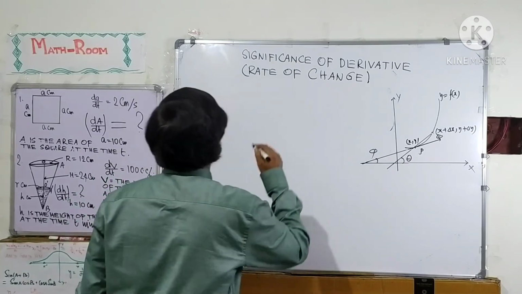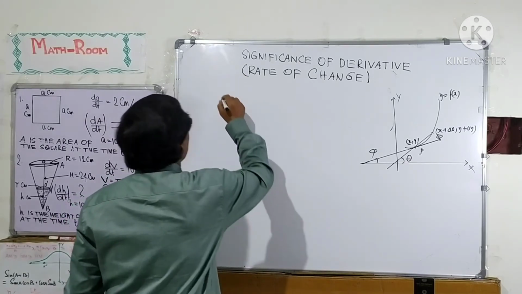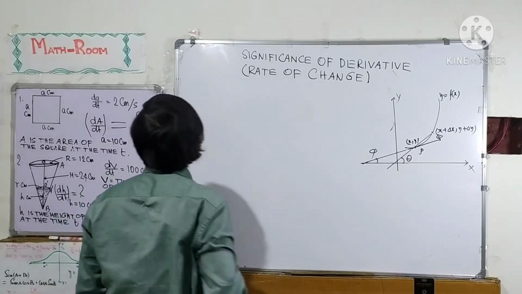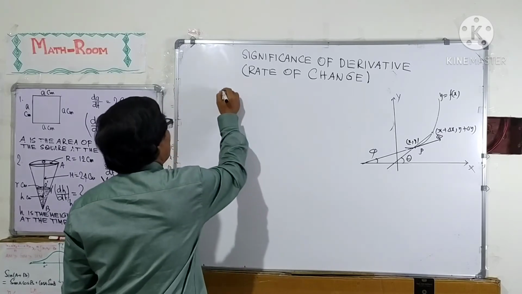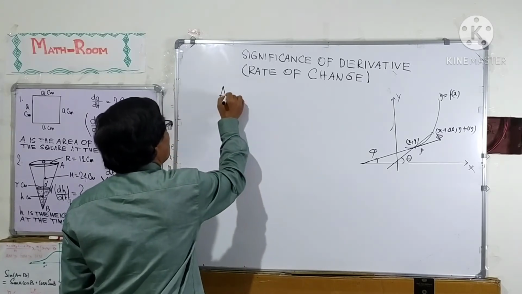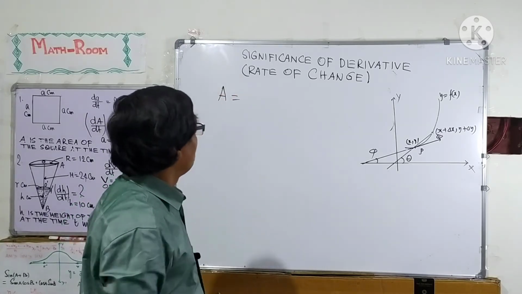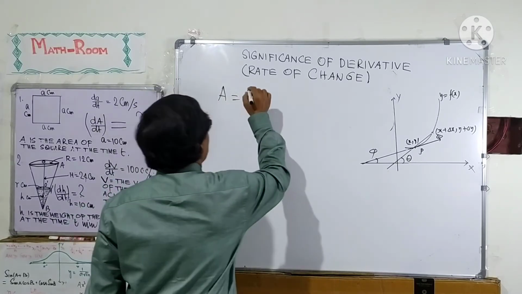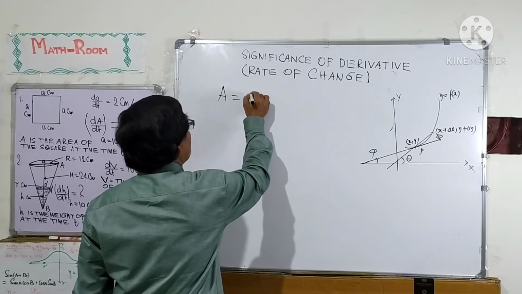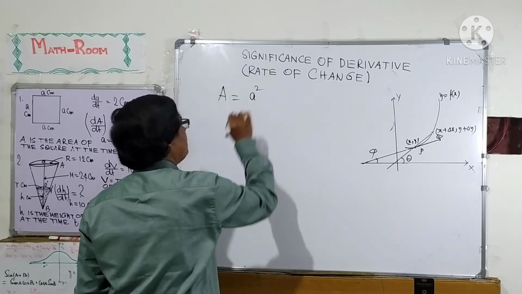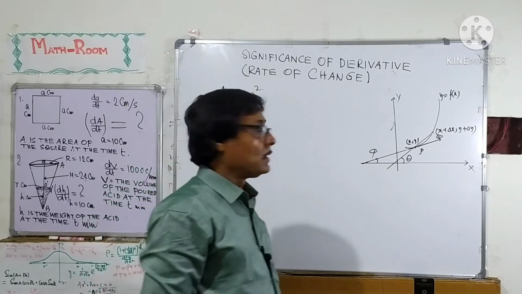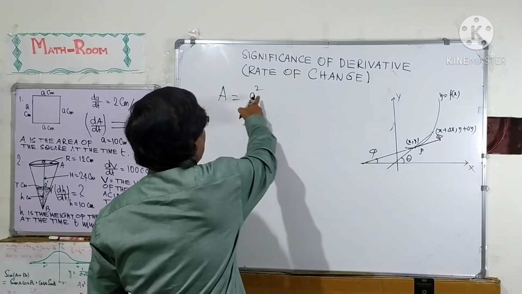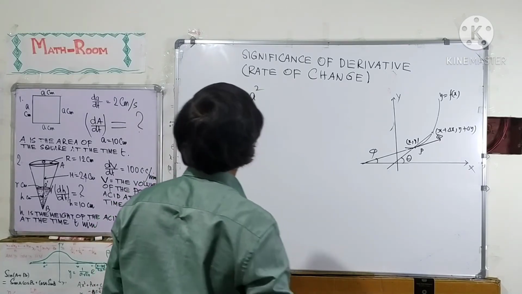Here at first we use the formula for the area of the square, which is the square of the side length. So area A equals a squared.